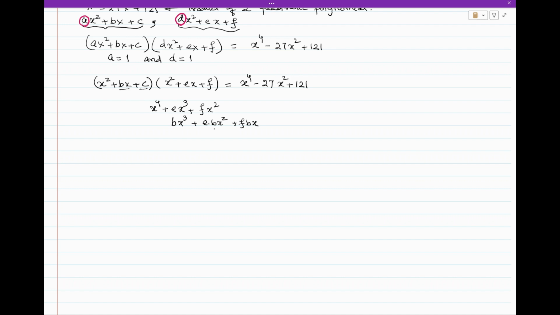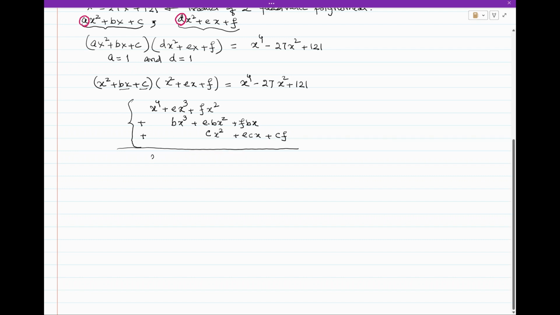Then we get c x square plus e c x plus cf. So this is the multiplication of the two factors on the left hand side.